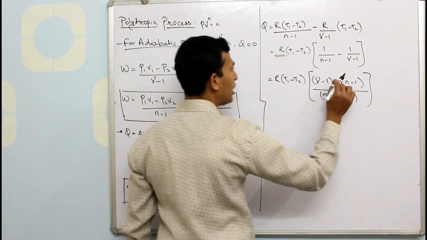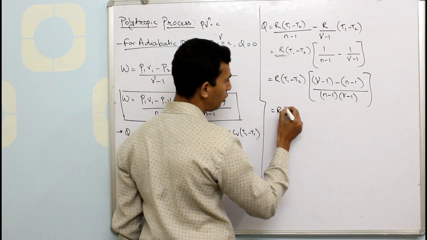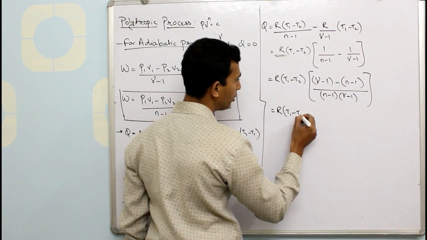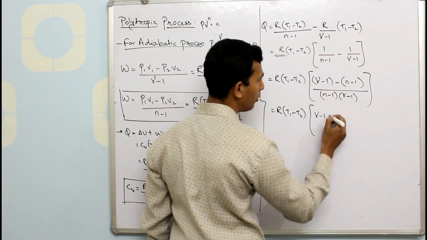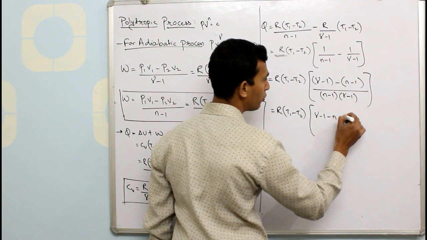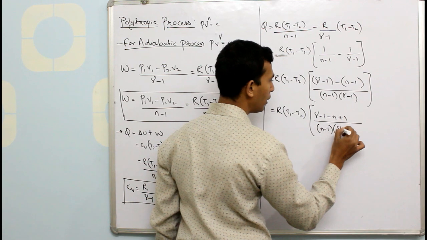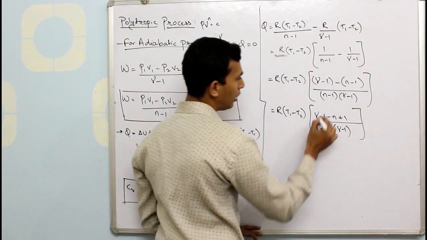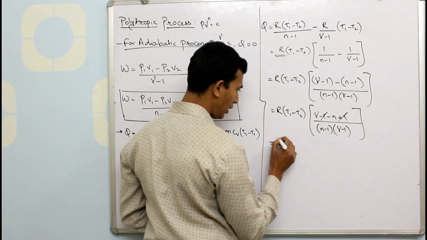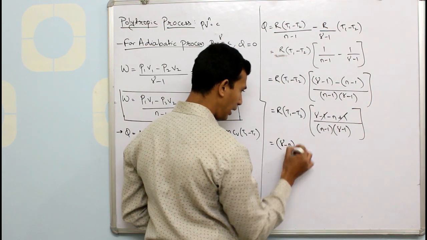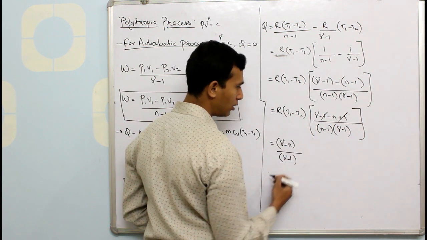Now multiplying by minus 1 and opening the bracket, simplifying it, we get R into bracket T1 minus T2 into bracket gamma minus 1 minus n plus 1 divided by n minus 1 and gamma minus 1. Here minus 1 plus 1 gets cancelled. Here we have gamma minus n divided by gamma minus 1.